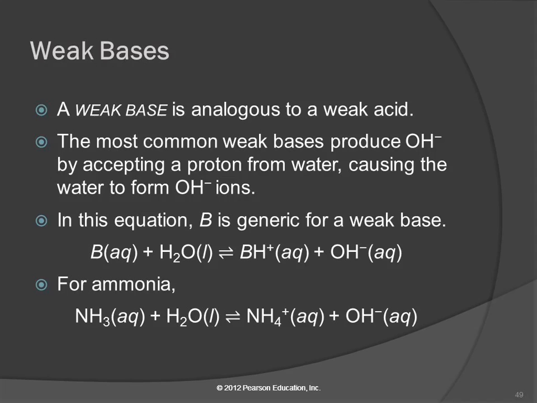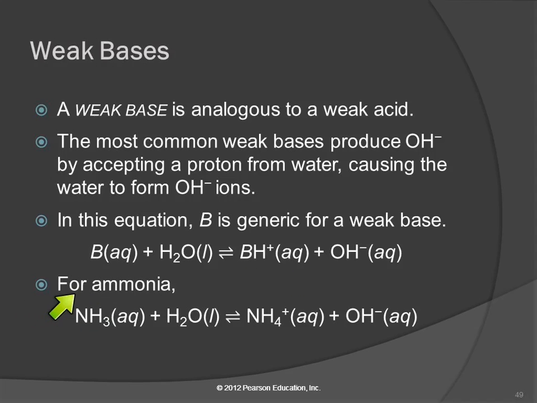So here's kind of a generic equation. This B stands for some weak base. The weak base accepts a proton from the water, becoming BH+, and that leaves the water as the hydroxide. This is an equilibrium, and it does not go to completion.